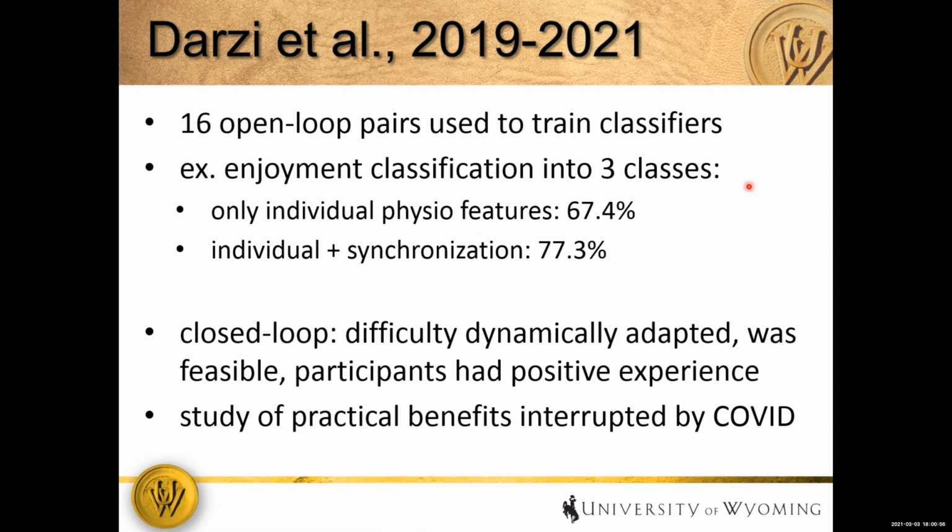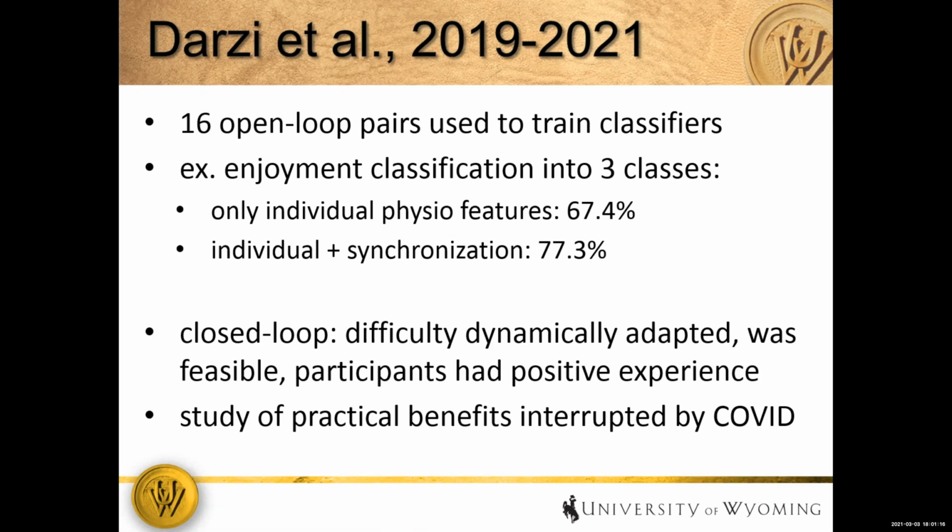If we took both the individual physiological responses and also calculated the synchronization between both participants' physiological responses, we would actually get a significantly higher accuracy in the classification.